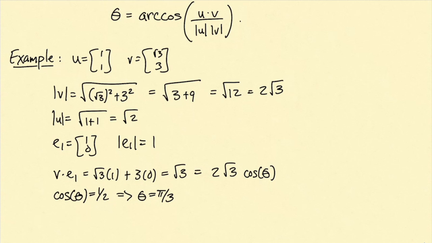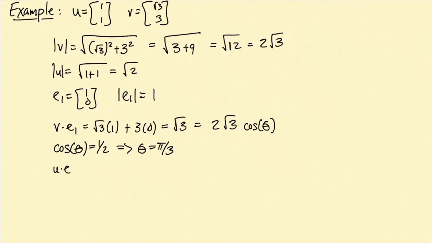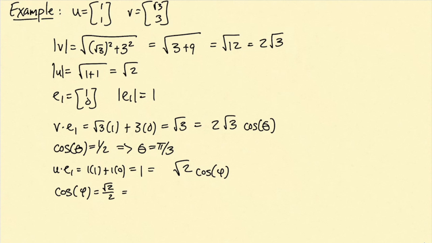So this tells us that the angle between the x-axis and the vector v is pi over 3. We can play the same game with the vector u. We'll compute u dotted with e1, which is equal to the norm of u, the norm of e1, cosine of phi. The norm of e1 is 1, and the norm of u is root 2. Dividing both sides by root 2, and then rationalizing, we see that cosine of the angle phi is root 2 over 2.